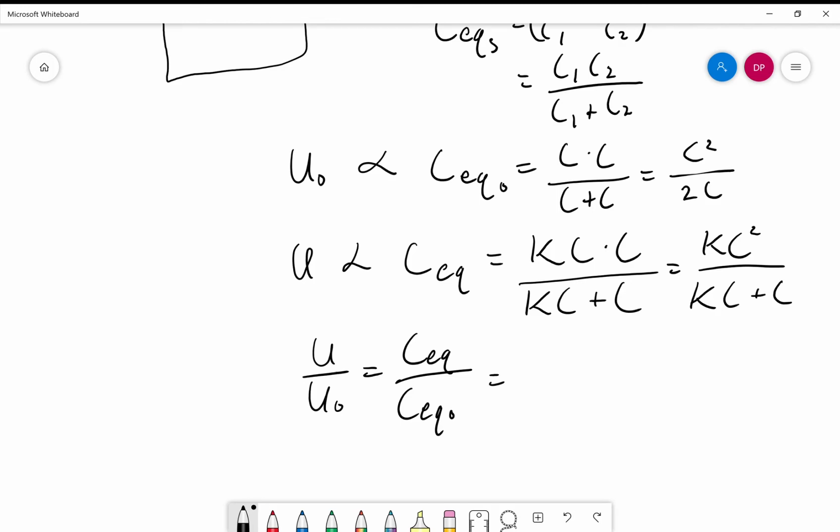Can we reduce this at all? I'd say we can. Kc over C, K plus 1, and then you can still, actually, no, I'm sorry. We didn't reduce that properly.